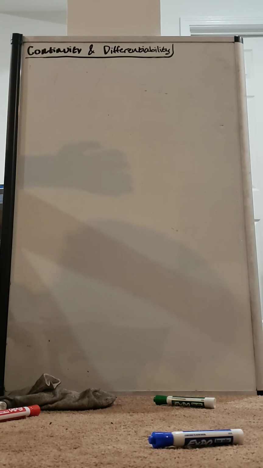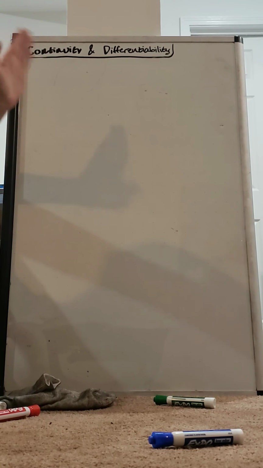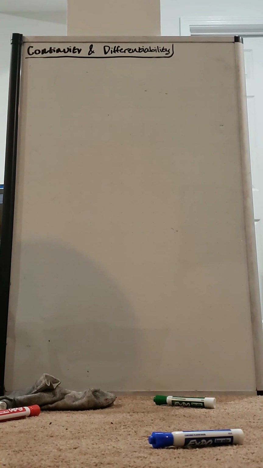And then differentiability is if it doesn't have a sharp turn, a vertical tangency, or discontinuity. So these are pretty easy, probably one of the easiest things you'll have to do this year. But they are important to understand.